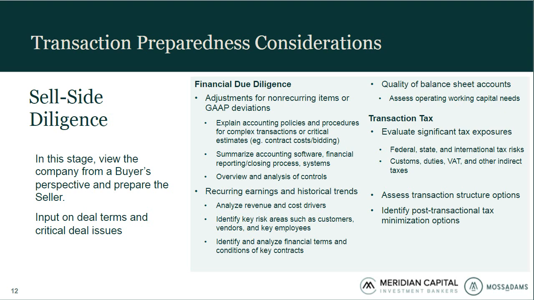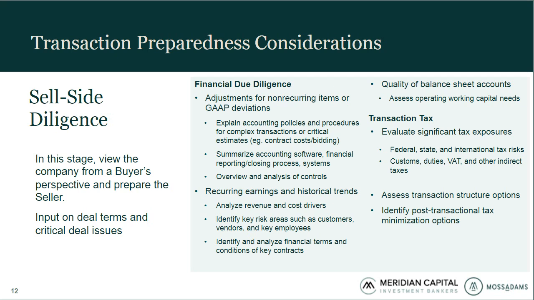We go through all the accounting policies and procedures historically, help explain all the complex transactions and critical estimates that are made in the company, and get this vetted out so that when a buyer comes in, there are no questions about what's happened historically within the company. Sometimes, if there've been changes in policies or changes in accounting systems, it can be a real mess to sort through, and getting that explained ahead of time can really save a lot of time and headaches as you're going through your transaction.